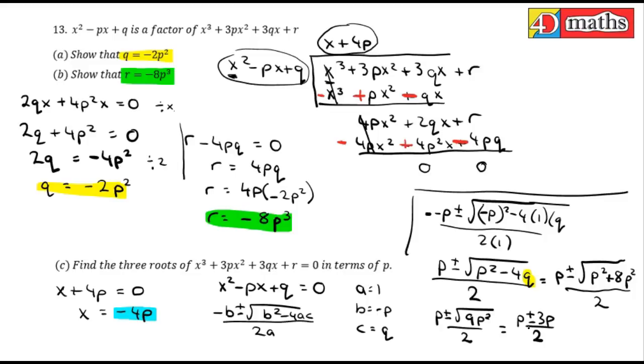So what are my two answers? Well, it's going to be 4p over 2, which is 2p, and it's minus 2p over 2, which is minus p. So here is my answer for that. So x is equal to, and x is equal to. So there's my three answers for the three roots of this equation.